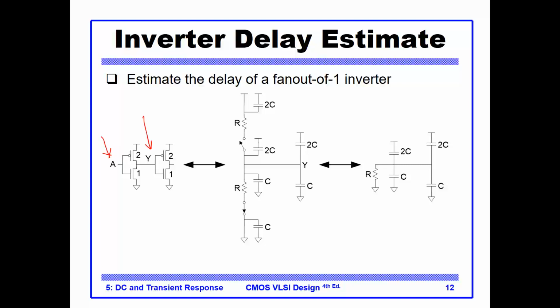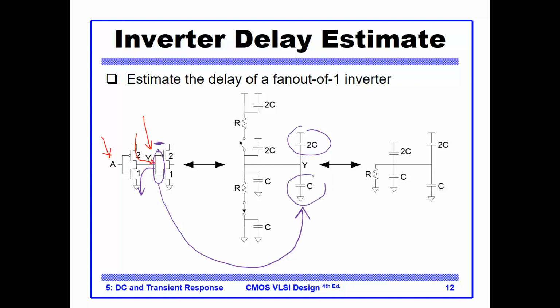You will see that there is a charging that happens through the PMOS, or a discharging that happens through the NMOS, and this is now the load. So notice what I do: I replace the gate load of this second inverter with 2C and C. Why 2C and C?